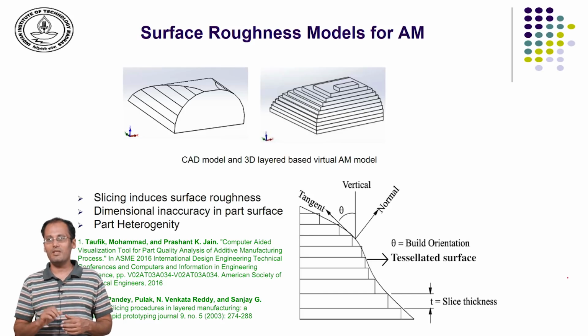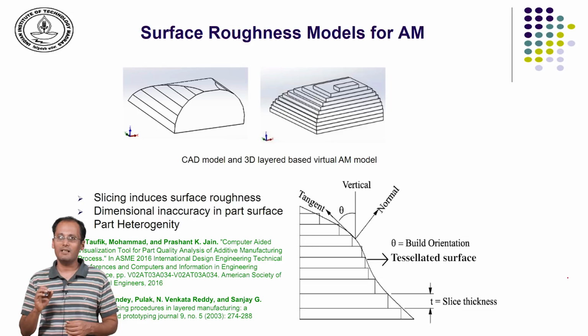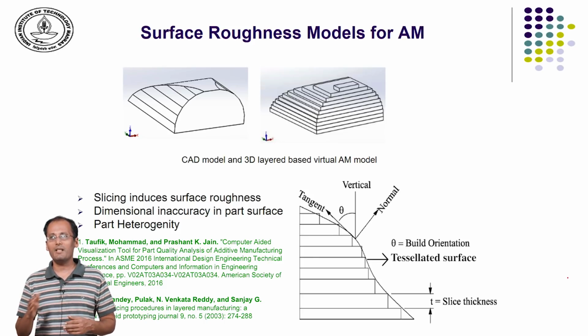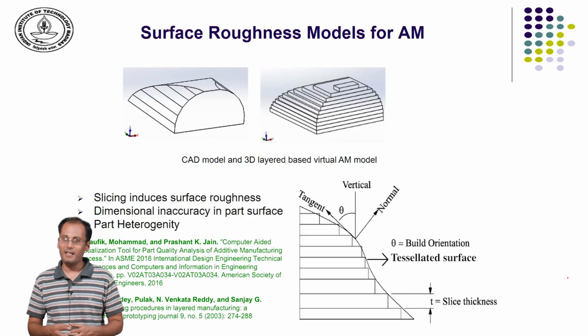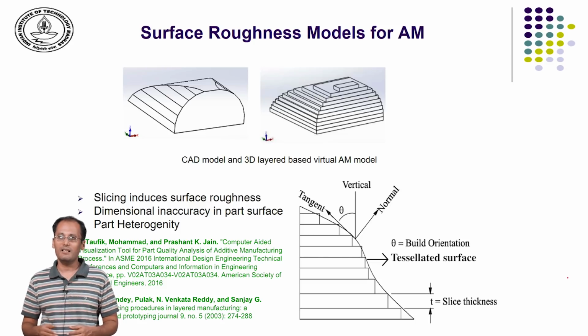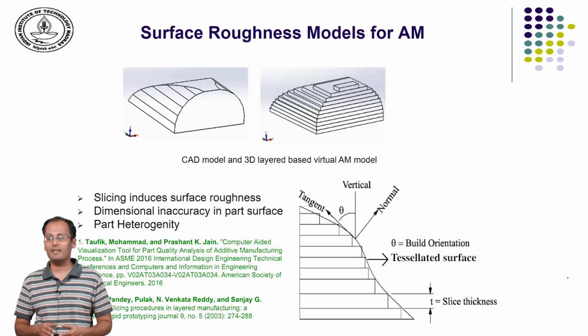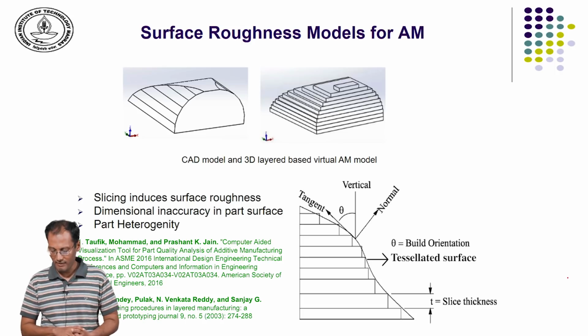Let us say if it is a fused deposition process, it is a filament, which is typically an oval cross section, and thereby the edges will not be straight, but will have curvature, and because of the presence of this curvature, the deviations as computed theoretically will be different from what is being manufactured. So, one can account for such variation or process specific attributes to model how the surface finish will be affected because of the process parameters and the layering effect.